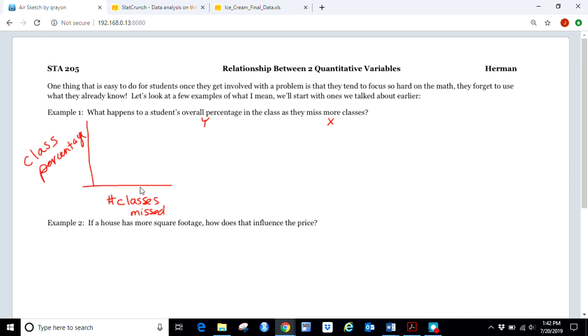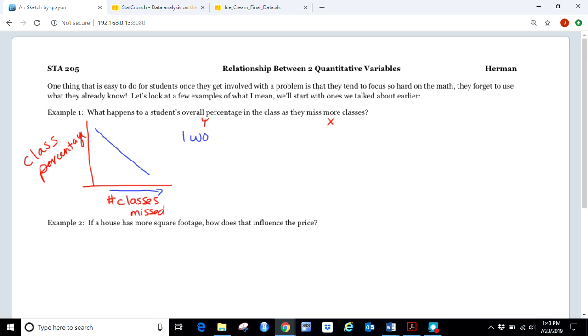So as we move to the right, so as someone misses more classes, what would you expect to happen to their grade in the course? Well, I would tend to think that if you miss too many classes, that's probably going to have a negative impact on your grade. So I'm going to expect to see this negative relationship happening. But let's write that out to make sure it makes sense.